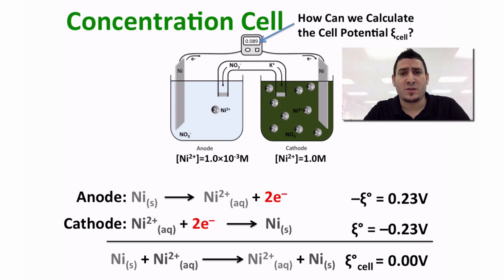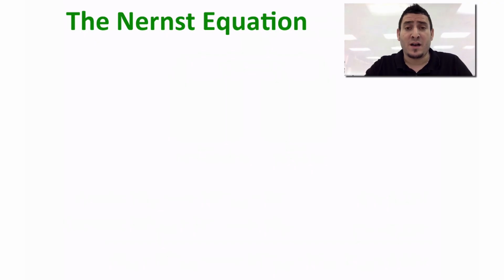Before answering this question, we need to discuss first the Nernst equation. The dependence of the cell potential on concentration results directly from the dependence of free energy on concentration.